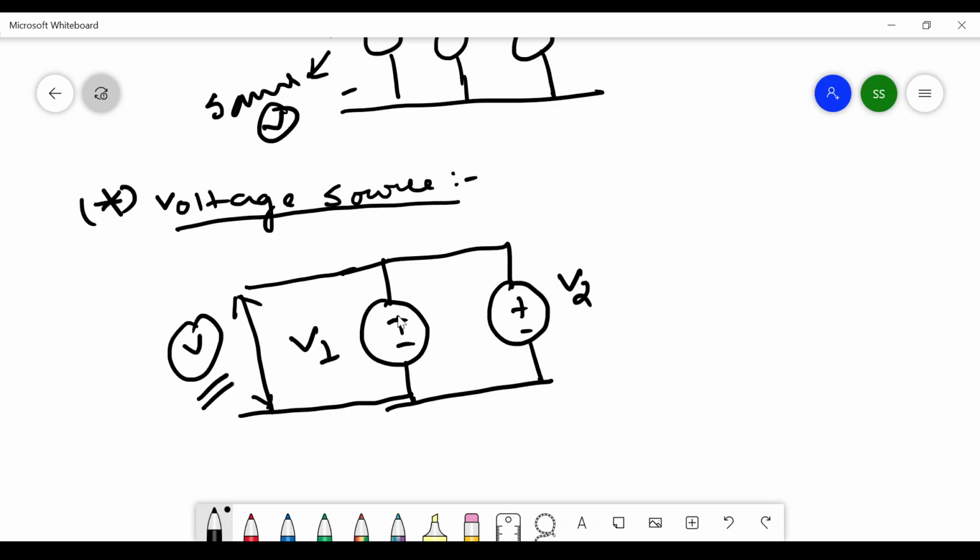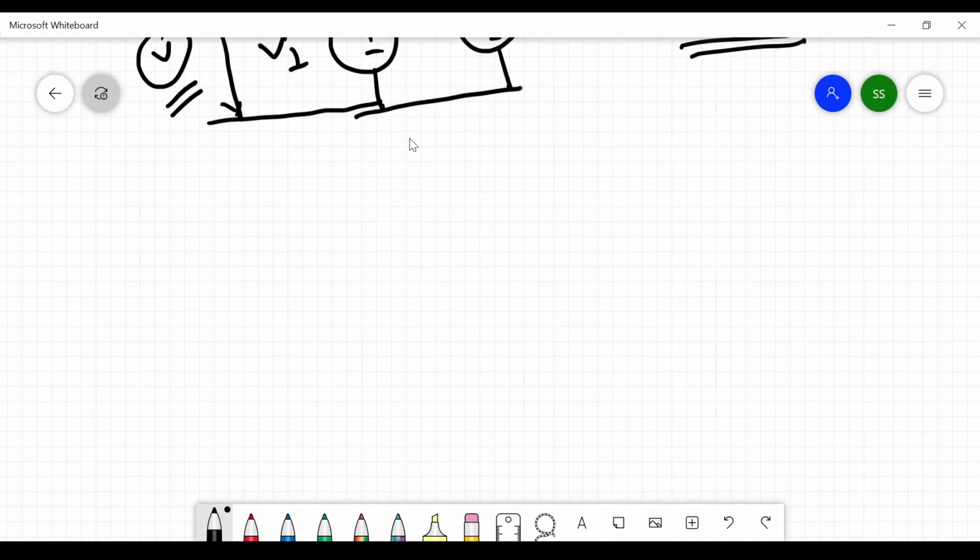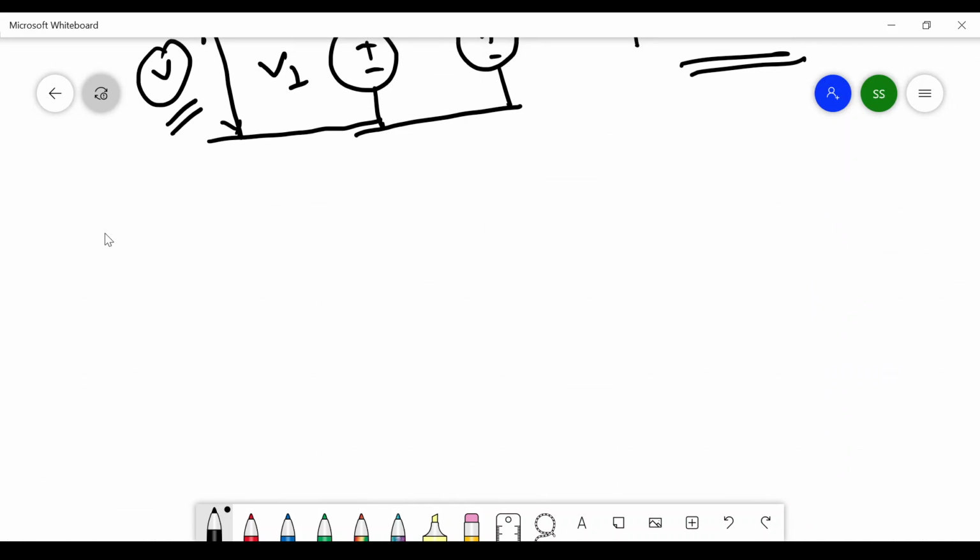Here two elements are having different voltages, so parallel connection of voltage sources is not permitted at all.